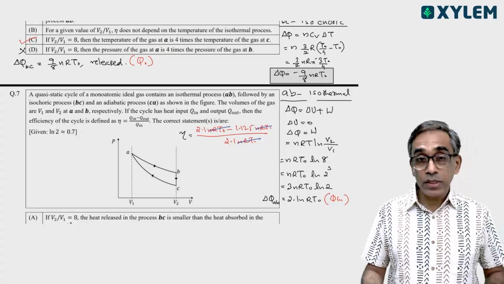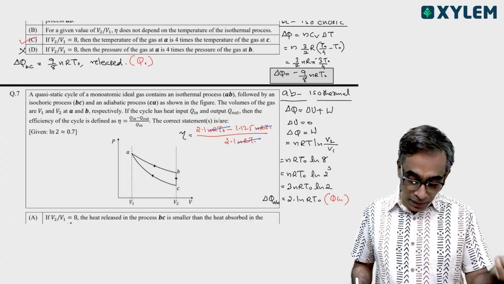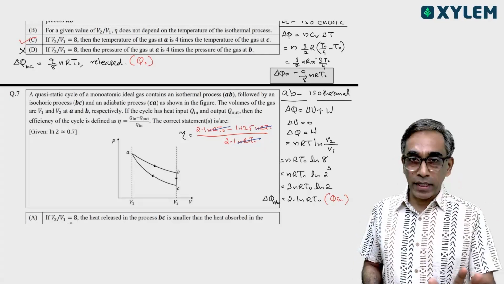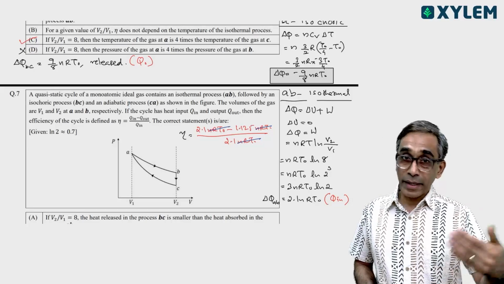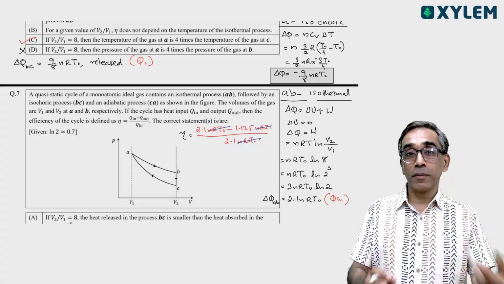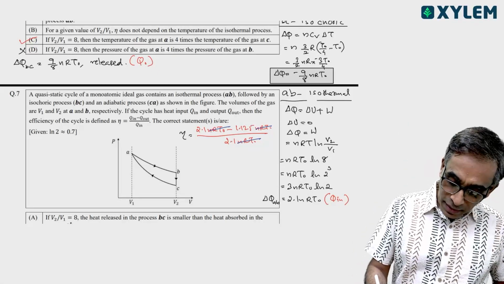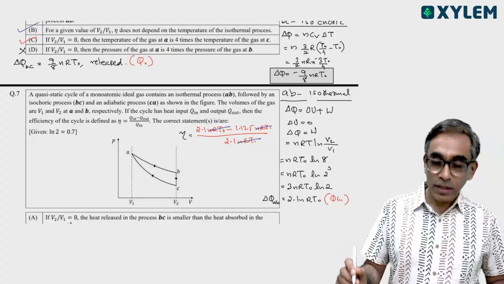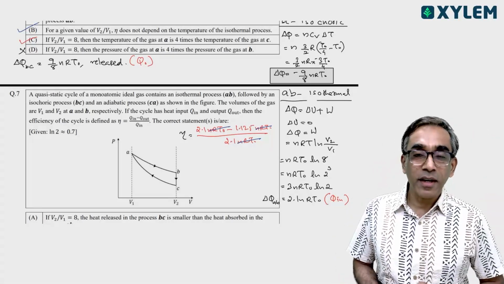So we have calculated this efficiency for a particular value V2 by V1 equal to 8. When you are given a particular value V2 by V1, then the nRT0 cancels out. It does not depend on the temperature. That's what they said. It is independent of the temperature. So option B is also correct. 3 options, A, B and C are correct and D is wrong.